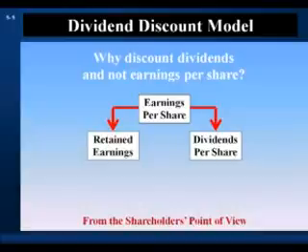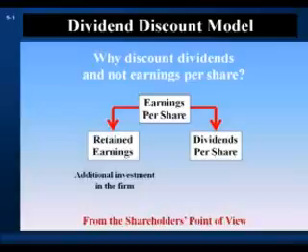A portion of the earnings can be paid out as cash dividends to shareholders. Another portion can be retained in the firm and reinvested in new plant, equipment, and working capital. Retained earnings are additional investments in the firm by the firm's shareholders. Investment is a cash outflow from an investor's point of view.